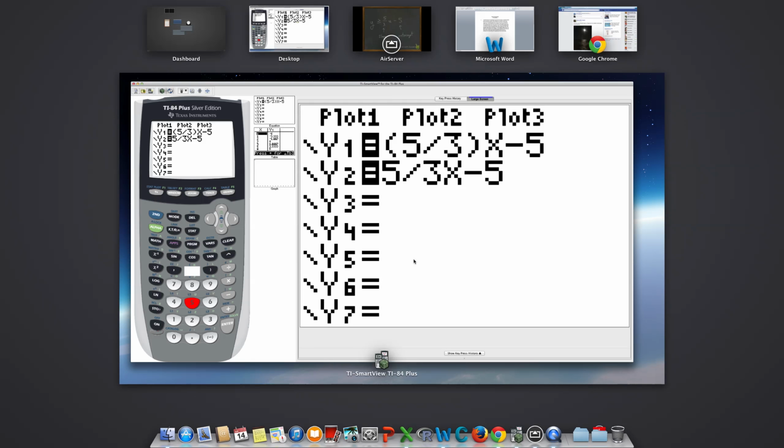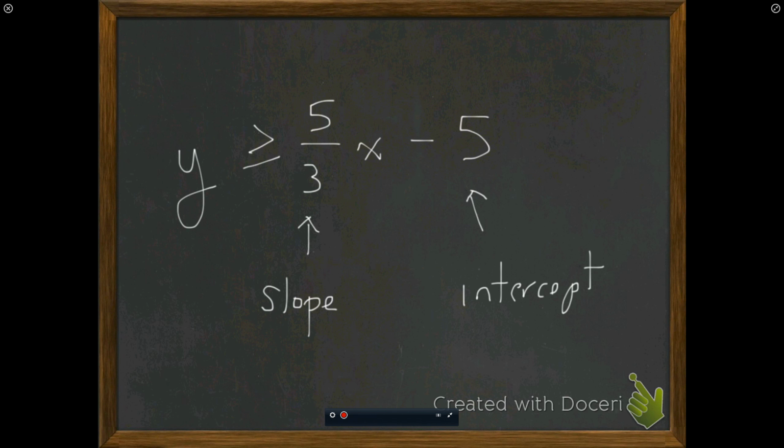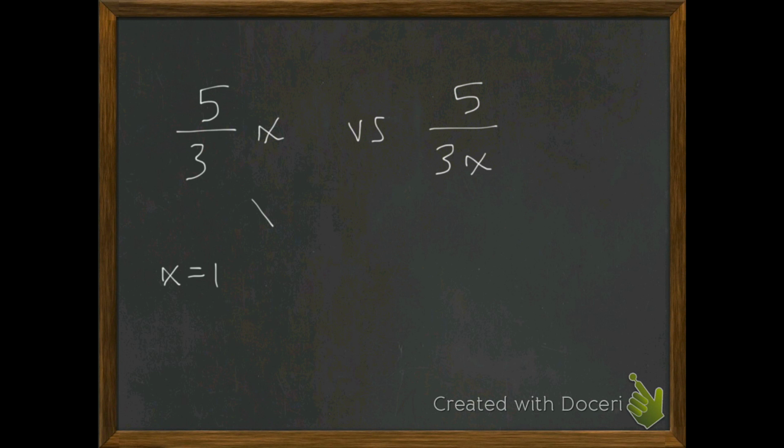Let me go back to the blackboard and show you why. This versus this is different stuff. Just think when x is equal to 1. This over here gives us 5/3. This over here gives us 5/3.